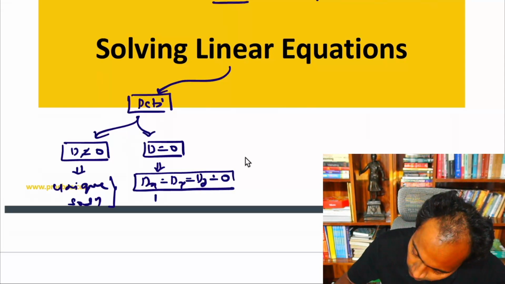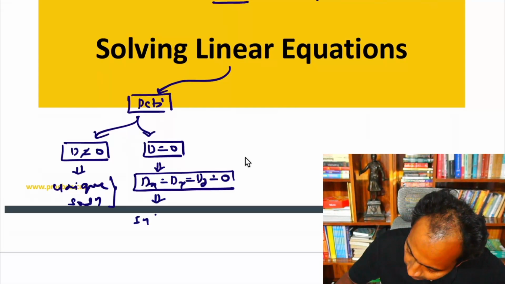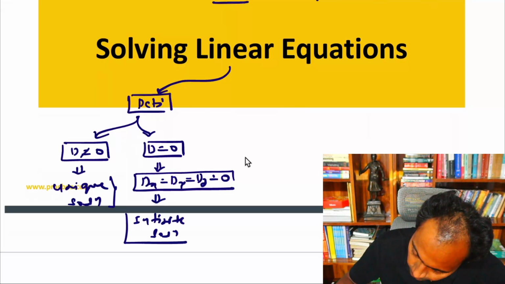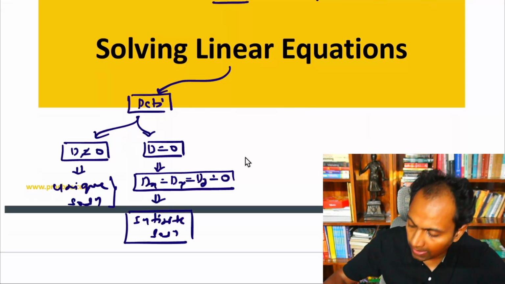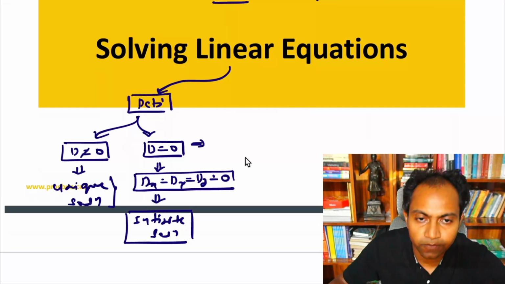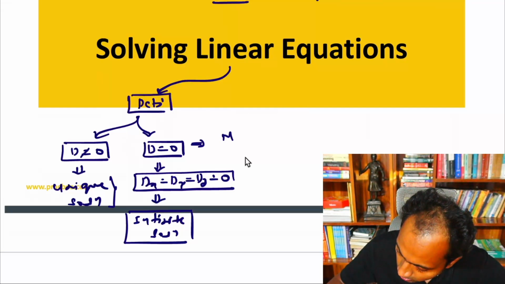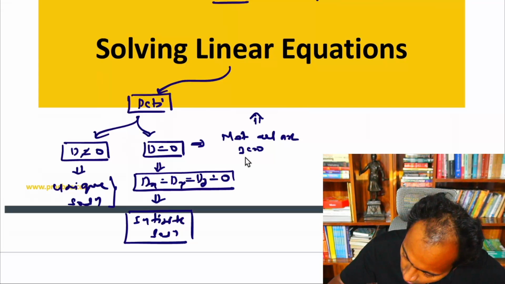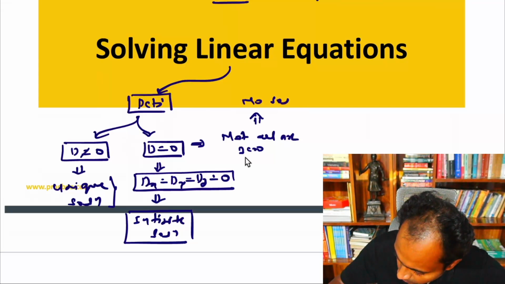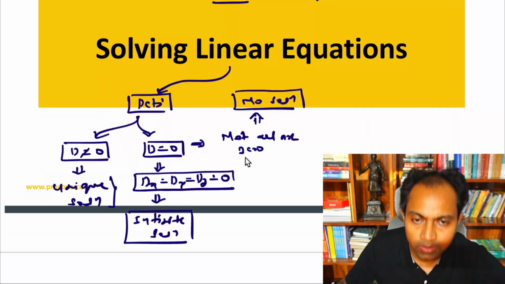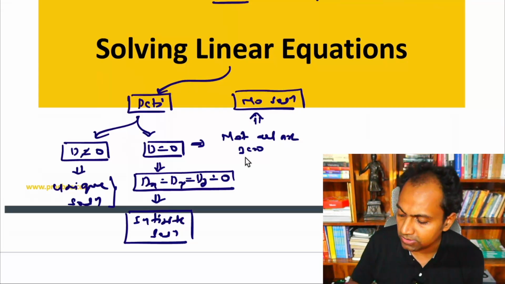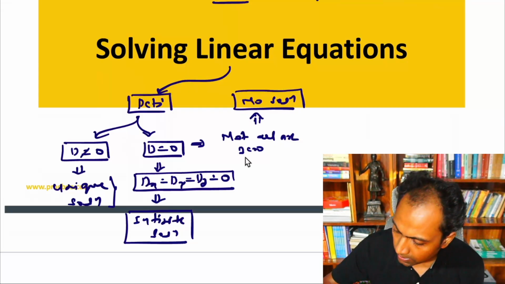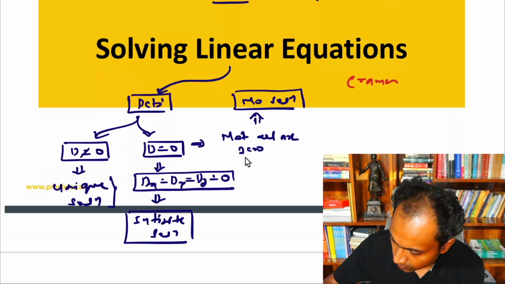In that scenario, we will get infinitely many solutions. And there can be another scenario here as well, where not all are 0. In that scenario, we are going to have no solution. Just remember this small technique, because this method has a name. This is known as Cramer's rule.